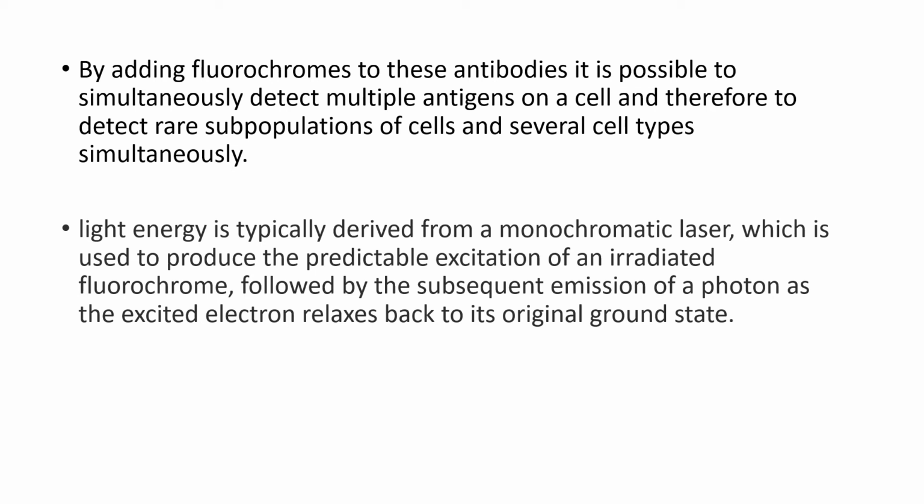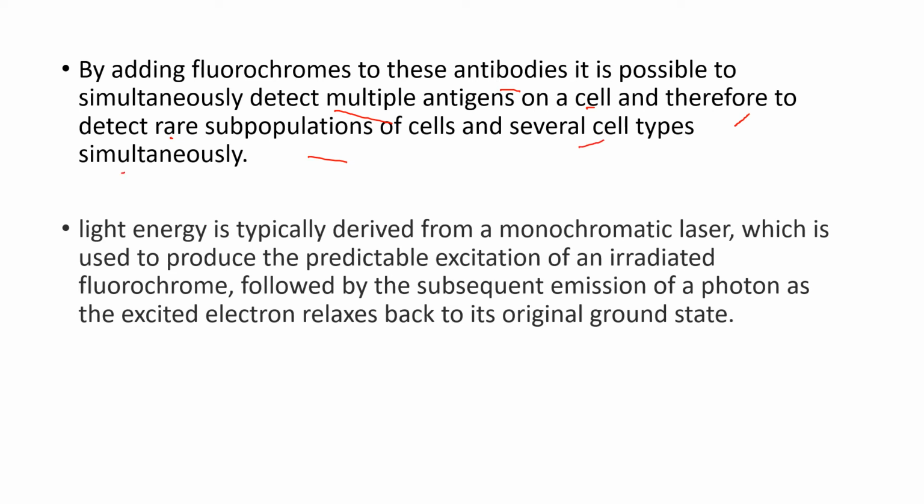By adding fluorochromes to these antibodies, it is possible to simultaneously detect multiple antigens on the cell. I have told you that the fluorochrome antibody will bind with the antigen present on the cell, and these antigens will show what kind of cell this is. Therefore, we can detect rare subpopulations of cells and several cell types simultaneously.